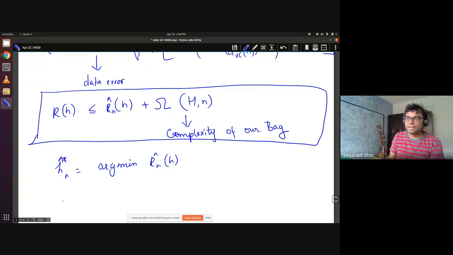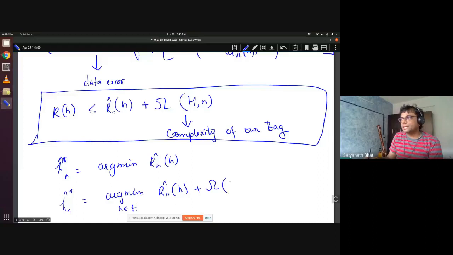A better solution is that hn hat star should be the argmin over h belonging to H of Rn hat of h plus some complexity term, and then we minimize. This is what is called the idea of regularization.